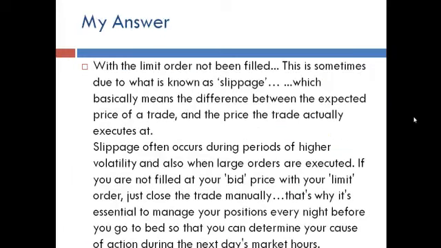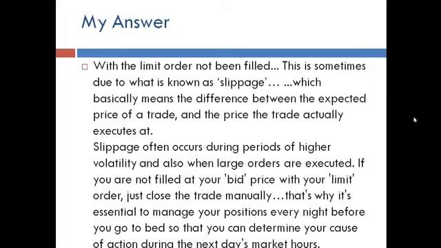Okay. So with the limit order not being filled, this is sometimes due to what we call slippage, which means the difference between the expected price of a trade, the price that you set, and the price the trade actually executes at. Slippage often occurs during periods of high volatility, and also when large orders are executed. So you haven't done anything wrong.